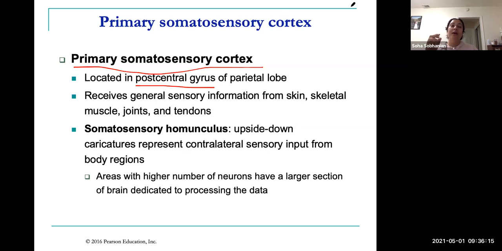Now, when we're talking about primary somatosensory cortex, another word comes into play, and it's the word homunculus. So somatosensory homunculus.